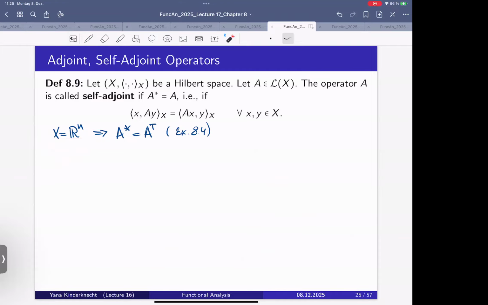So what kind of operators will be self-adjoint? Just the matrix satisfying this property, but I suddenly forgot the name of such a matrix. The others probably know the name.